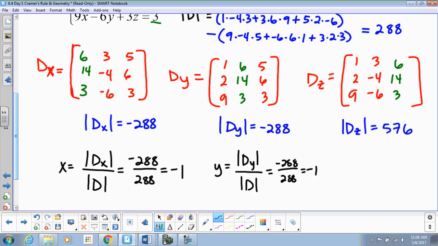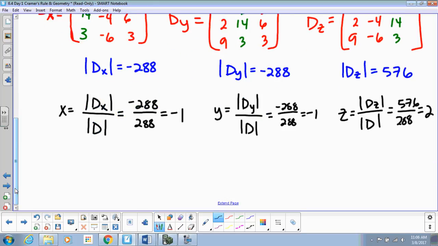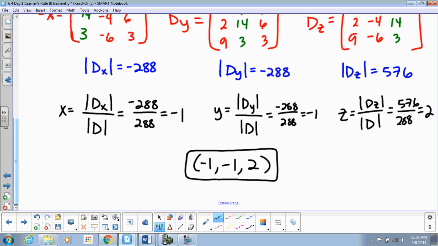And then z is determinant of dz over determinant of D, which is 2. So my answer, x, y, z, is -1, -1, 2.